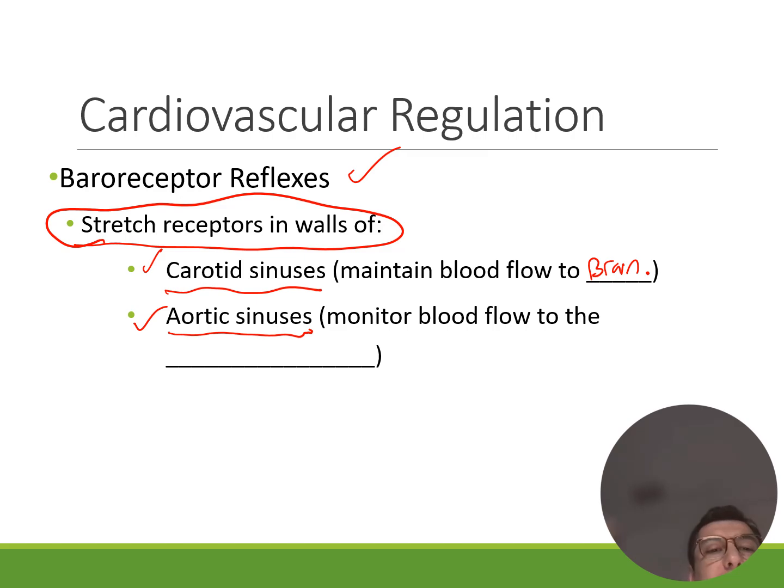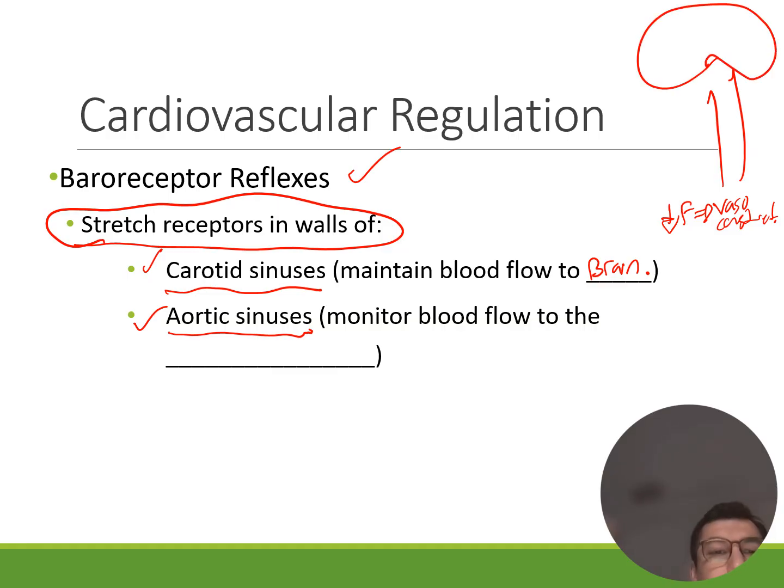When there is a decrease in blood flow through the carotids, they will constrict. So decreased flow will cause vasoconstriction in order to redistribute blood flow to that section of the brain.